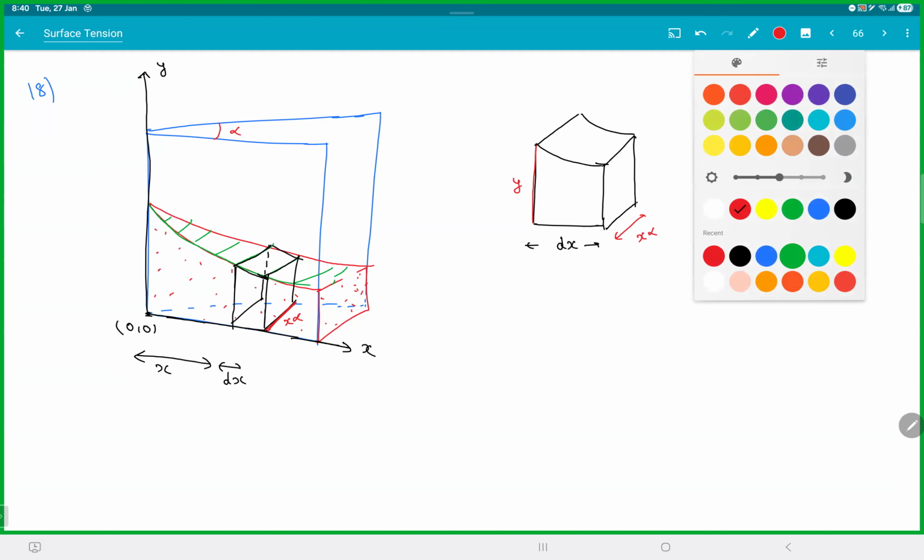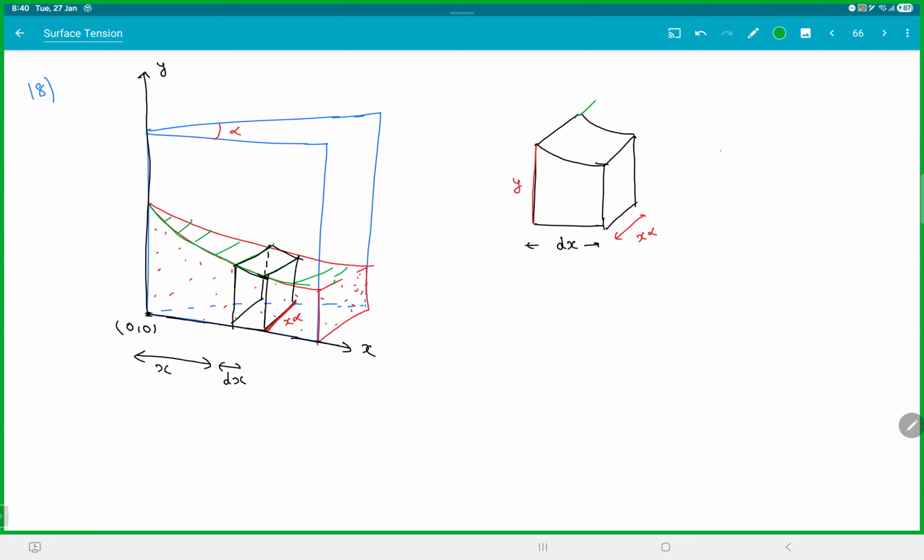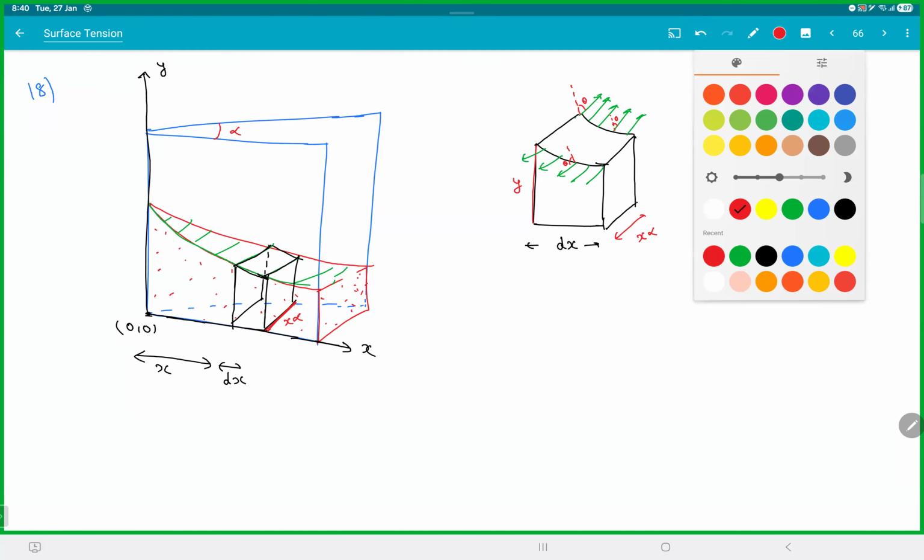Now, if you look at the surface tension force, it is actually acting like this. And this is your angle theta. So that is your vertical component there. How much will that force be?